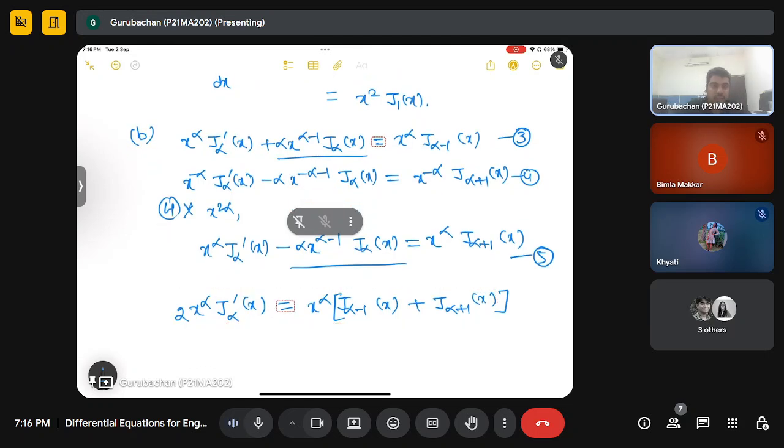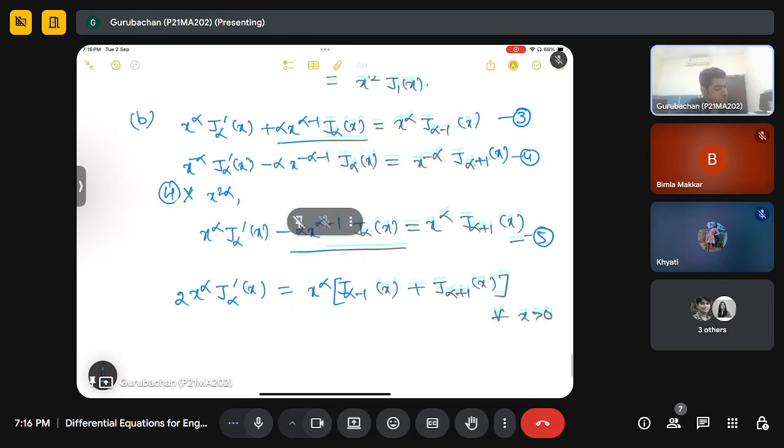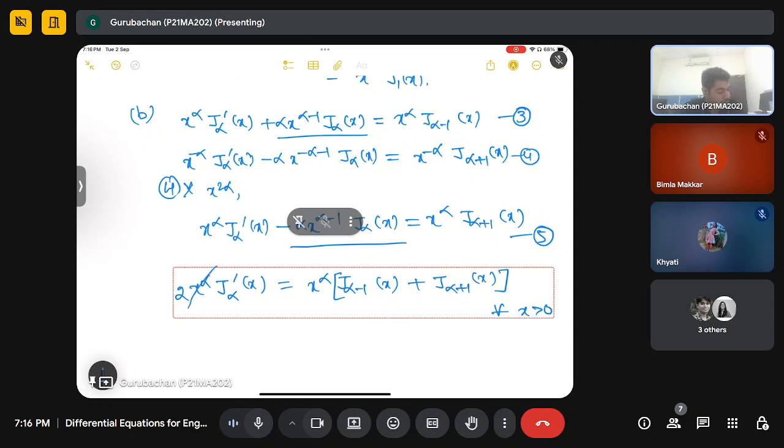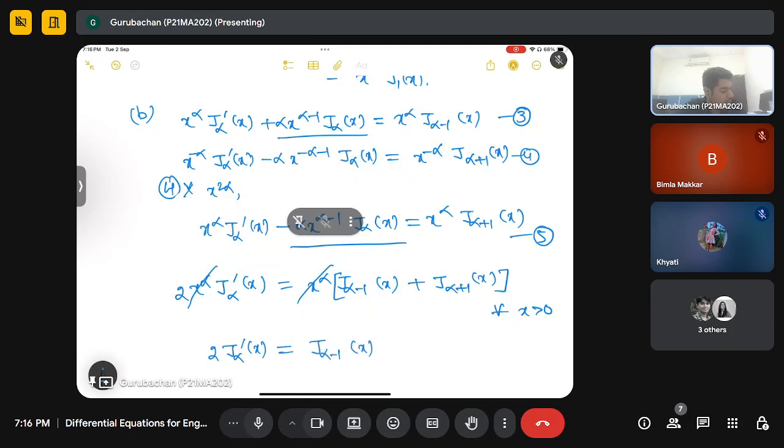Now you know that this holds for every x greater than 0. So we can cancel out this x to the power alpha and we will be left with 2 times J alpha dash x is equal to J alpha minus 1 x plus J alpha plus 1 x.